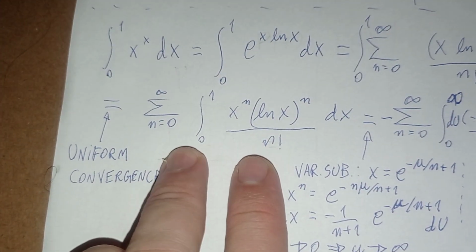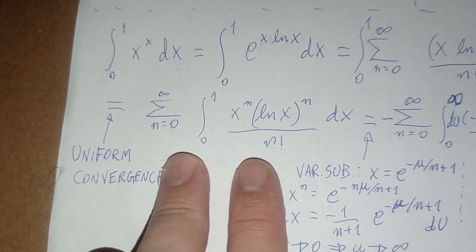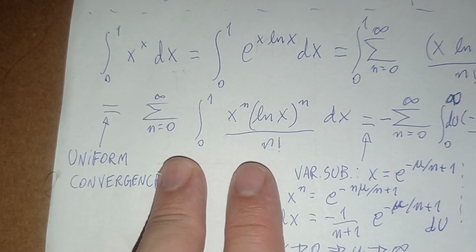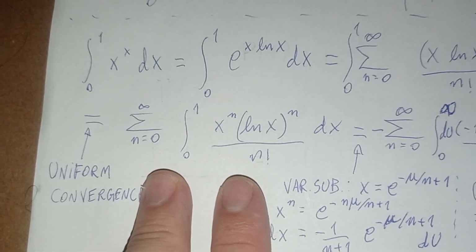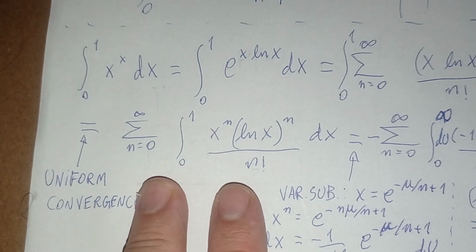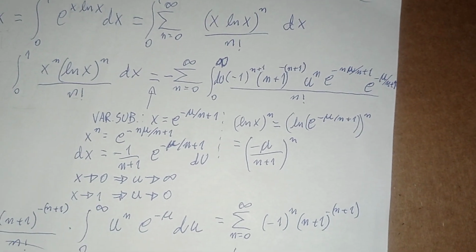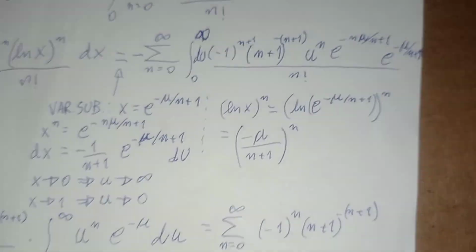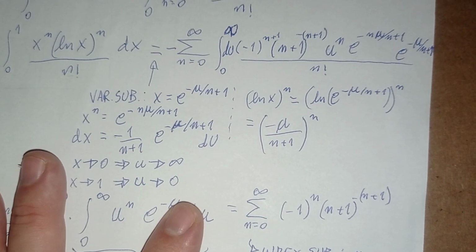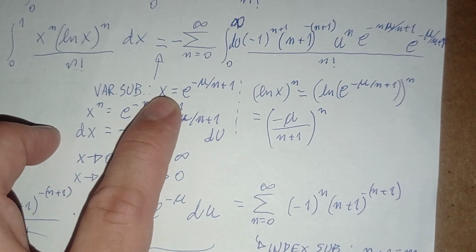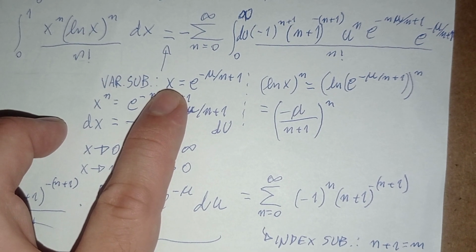And then we have the sum from n equals 0 to infinity of the integral from 0 to 1 of x to the n times (ln x) to the power of n divided by n factorial dx. And then we finally do a variable substitution, and this is the main point here. The variable substitution is going to be x equals e to the minus u divided by n plus 1.